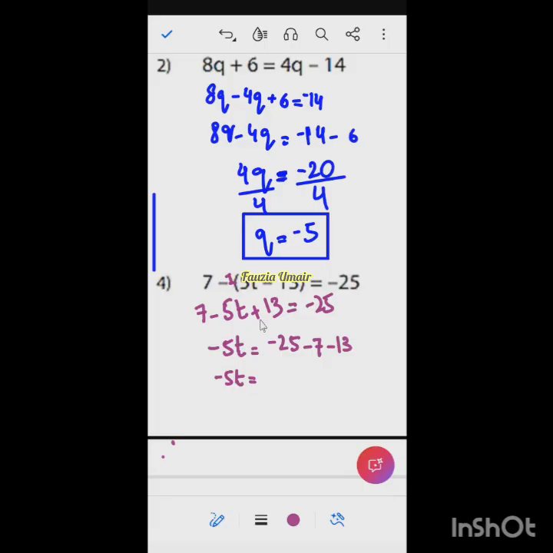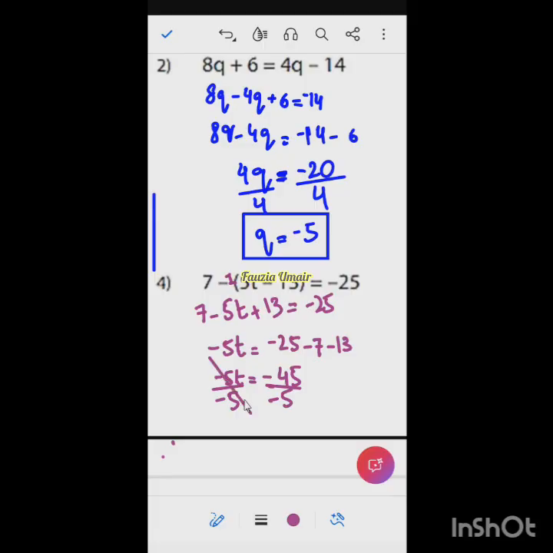Now what is this? They are all negative numbers. They are all friends. Minus 25, minus 7, minus 13. So we will just add the numbers and the sign will remain same. So 13 and 7 is 20. 20 and 25 is 45. So the sign will remain same, minus 45. Now what is the last step? Divide both sides with the coefficient of the variable. So here it is minus 5, minus 5.